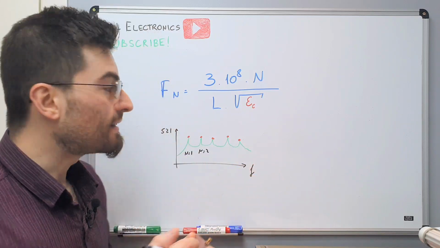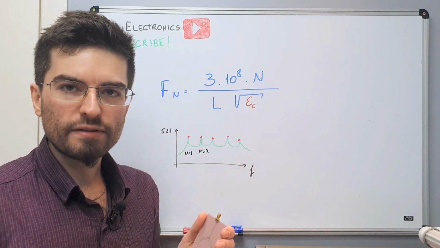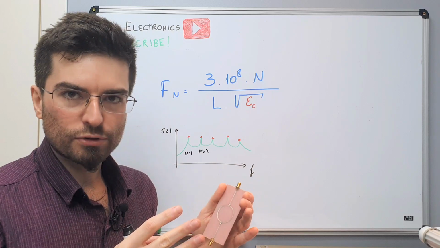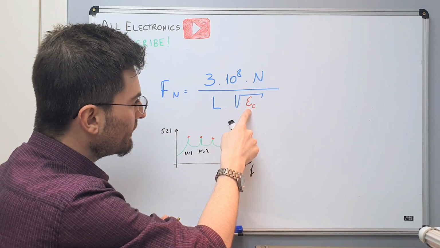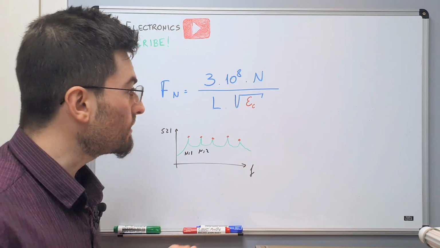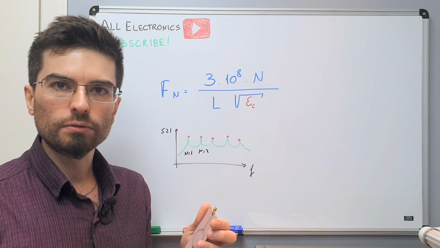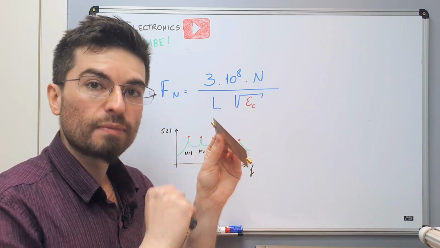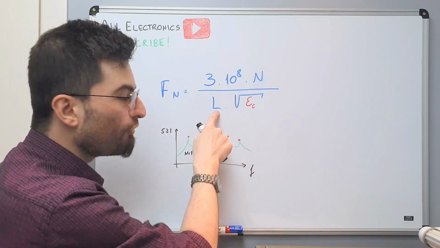And you see that the square root of the effective permittivity, the effective dielectric constant, is dividing the speed of light, exactly because this is the speed factor, the velocity factor of this structure in this material. A different point of view is that it is increasing the physical length.